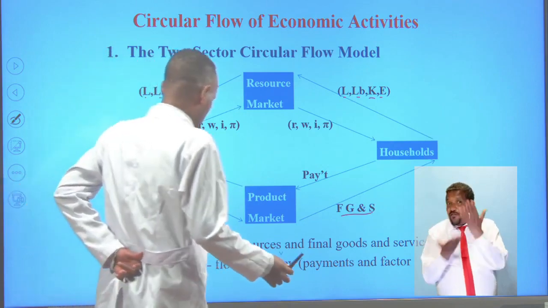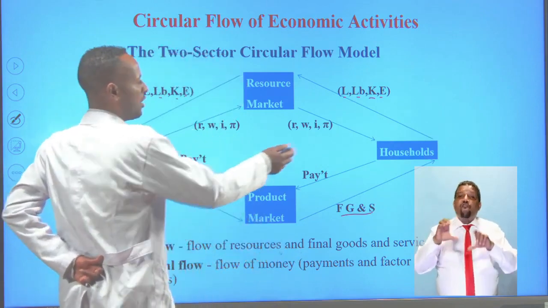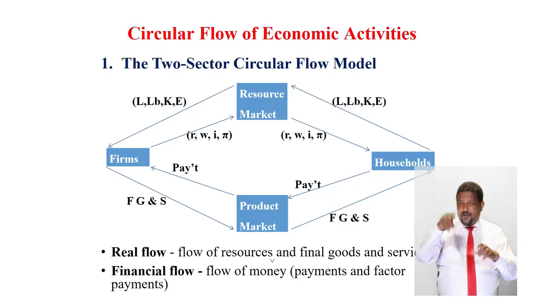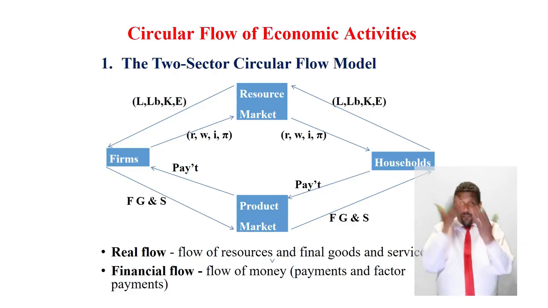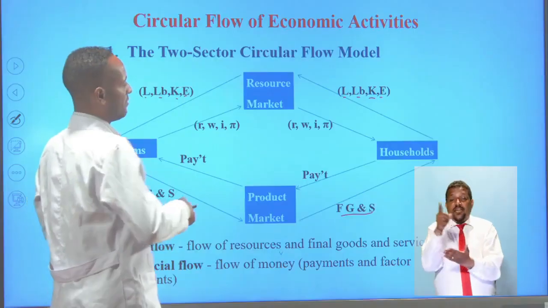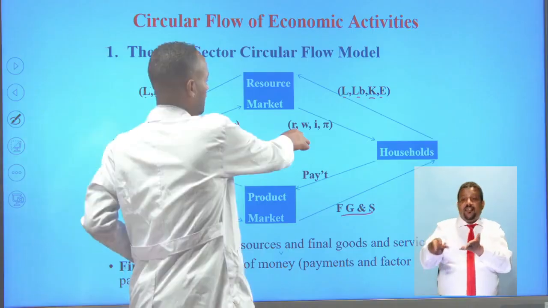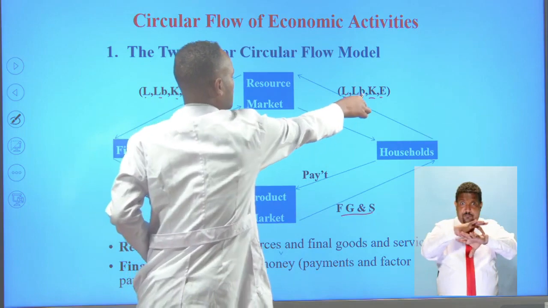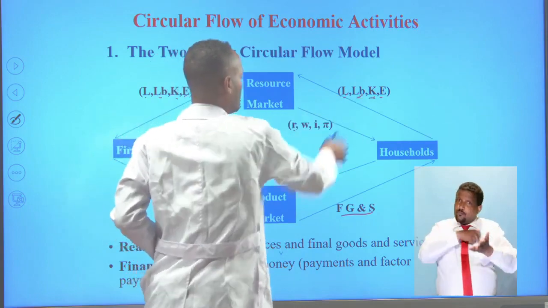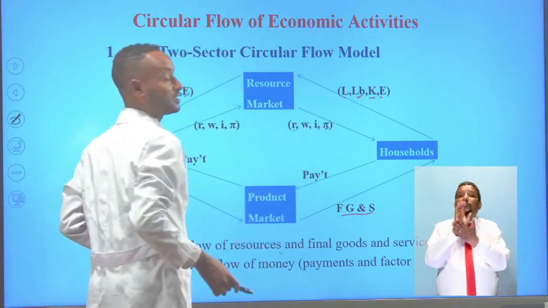When we see the money flow, when households supply economic resources, they in turn receive payments: rent for the land, wage for the labor, interest for the capital, and profit for the entrepreneurship.